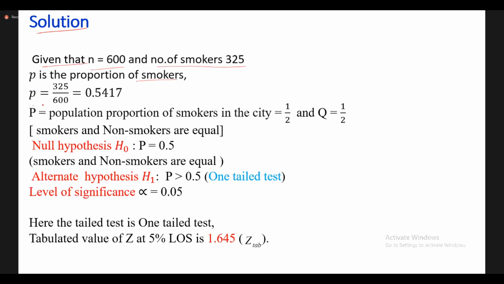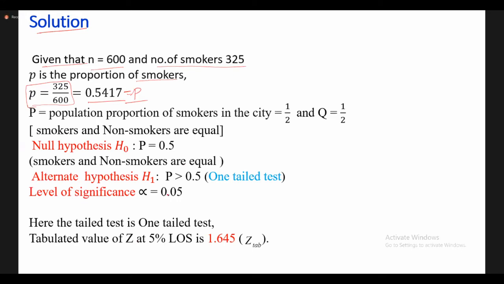Small p is equal to 325 by 600, and that value is 0.5417. Next, the population proportion.